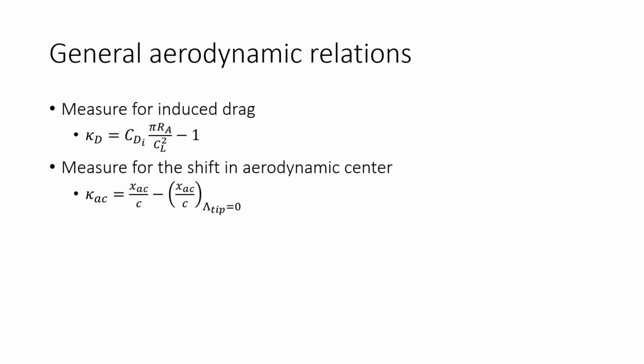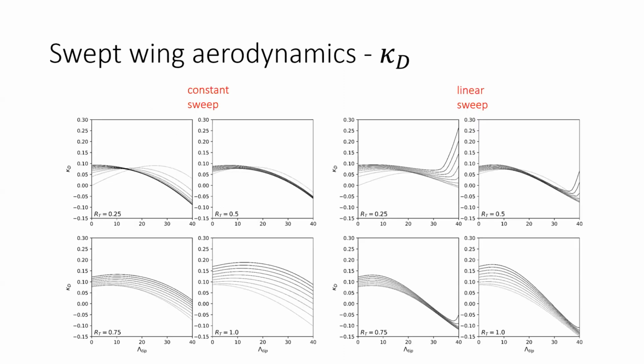So yeah. And then what we see, if we just look at all the results, and these figures are not necessarily that important, I'll get into a better comparison later. But the kappa D changes, on the horizontal axis, we have increasing wing sweep, and the different shades of darkness are different aspect ratios.